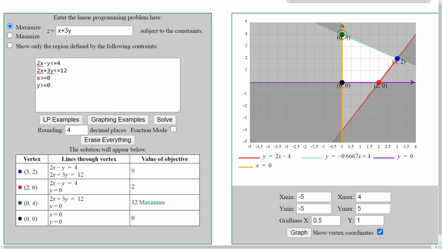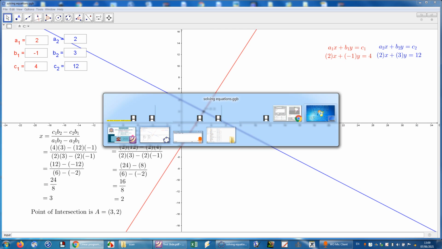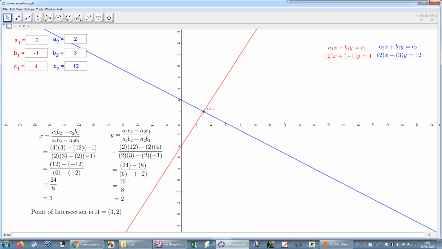For the time being, remember these two equations. Recall how we can obtain the intersection point of these lines, the method we have seen for two lines.